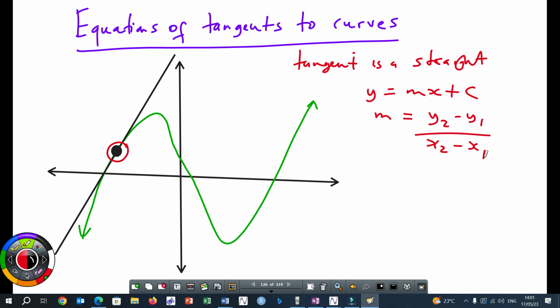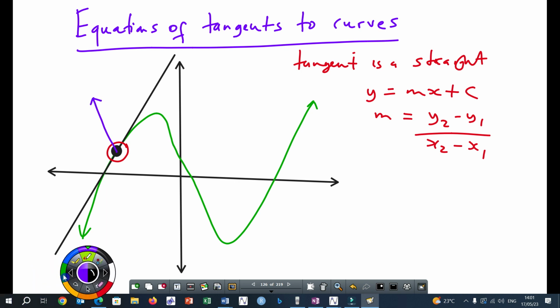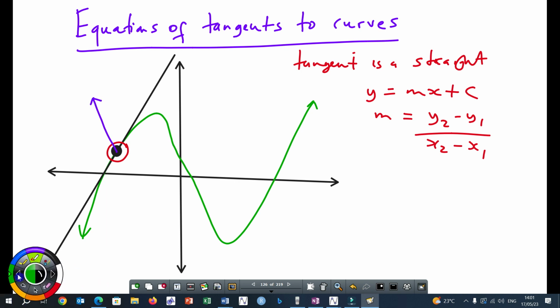x1. Now, if we merge our knowledge of a straight line and tangents, and then the cubic function, which is part of calculus, we can come to this point where that point of contact is called a point of contact. The gradient of the tangent at that point of contact will be equivalent to the first derivative of the cubic function.